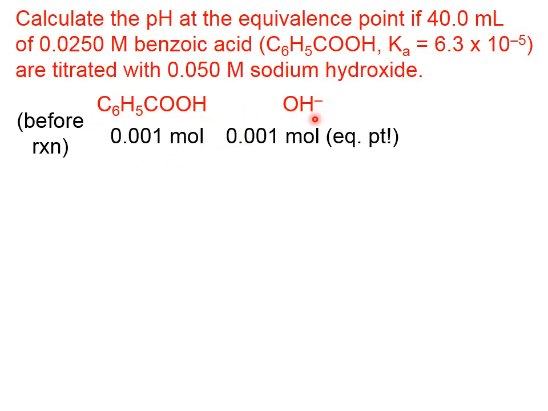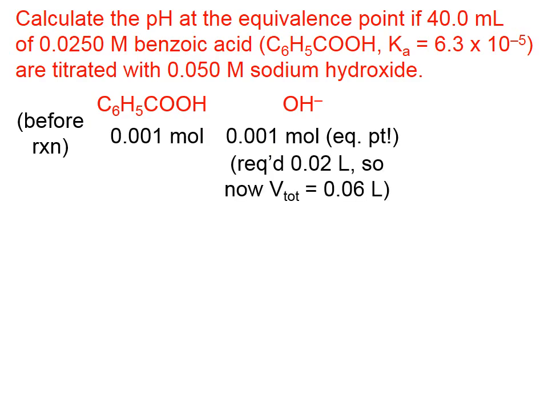This number here, we know must be the same as the first number we calculated. To get 0.001 moles of OH, that required 0.02 liters, because the concentration of the base was 0.05 molar. So to get 0.001 moles of OH, we had to add in 0.02 liters of the base.